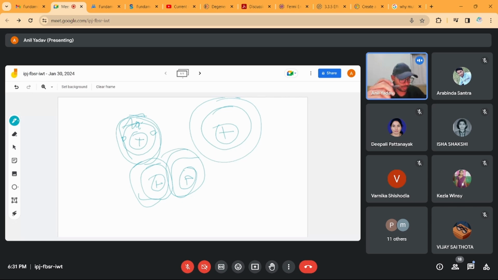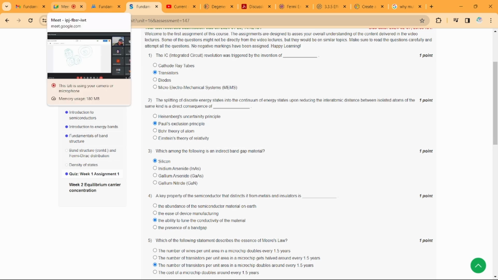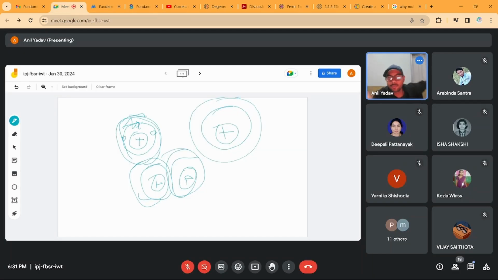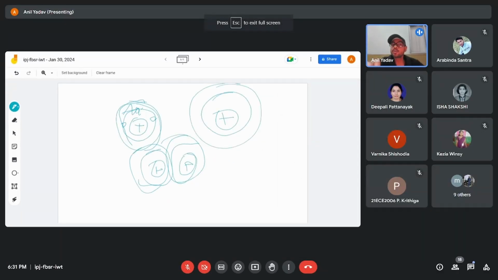So in this question, what they have asked is, what is the direct consequence of the splitting of the energy levels as these atoms come closer. Have you studied in 12th standard that no two electrons with the same quantum number can occupy the same energy level?